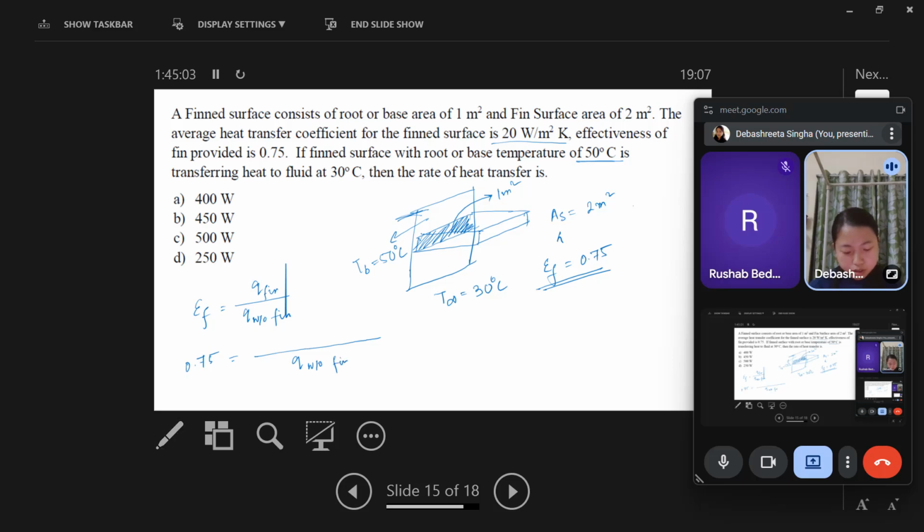Q fin is given by what was the formula? It is PKAC into theta. So Q without fin, how much do you get?